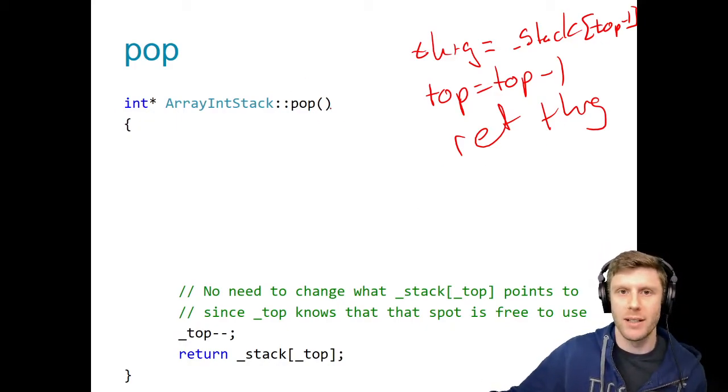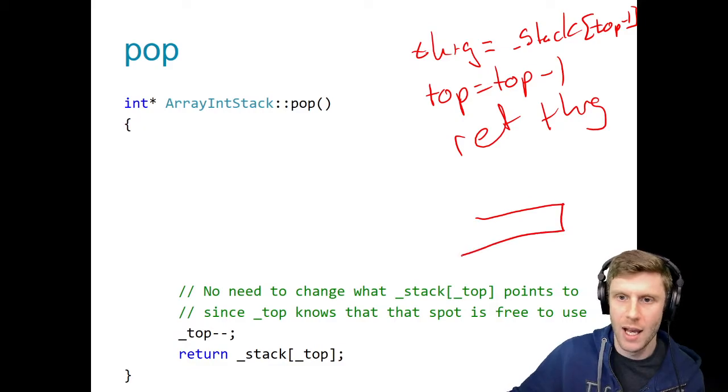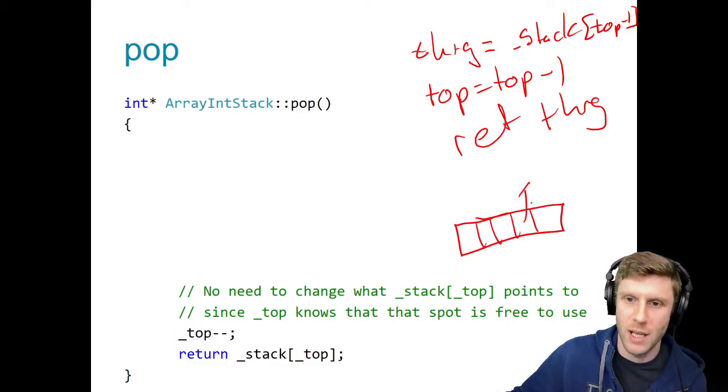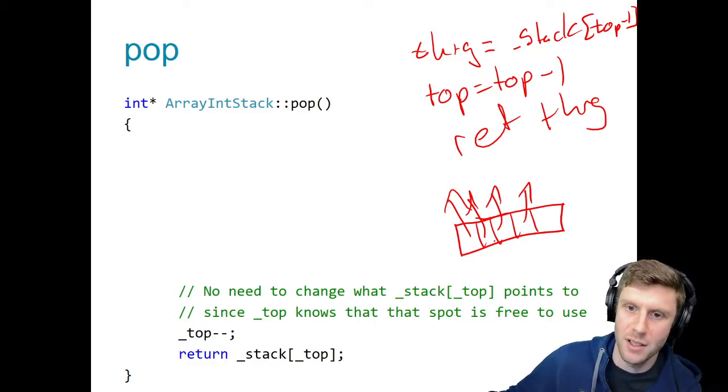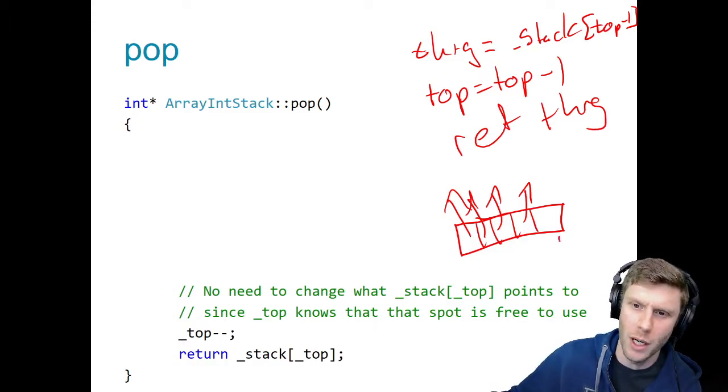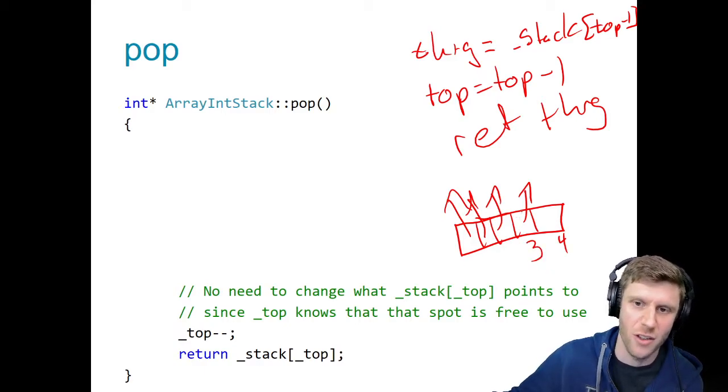We don't need, like, if the array is like this, and this is the thing we want to remove, and top was 0, 1, 2, 3, 4 before, if we just set it to 3, the next thing we add is going to go in location 3, so it'll overwrite this.